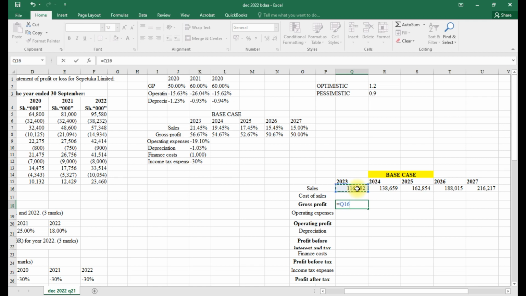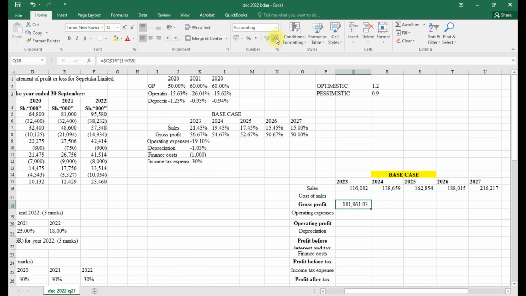Remember full lock is F4, and I will multiply by 1 plus this rate, and the rate I will just do a partial lock, and I will close the bracket on that, and I enter. So that will be our gross profit in that case, and I will reduce the zeros.